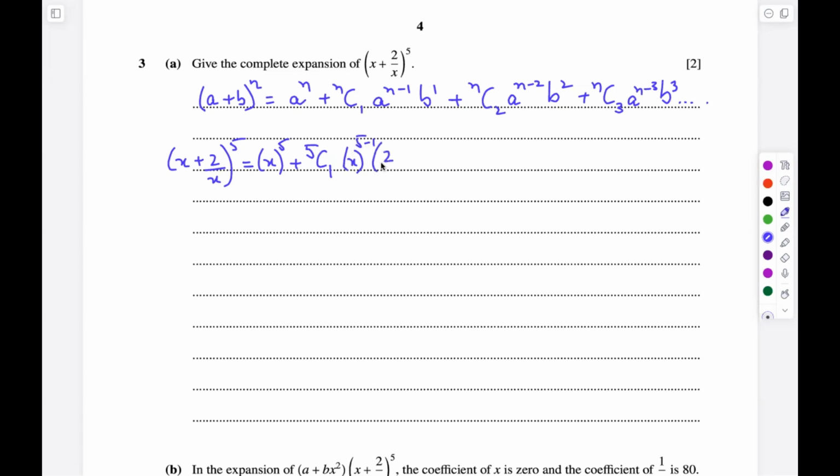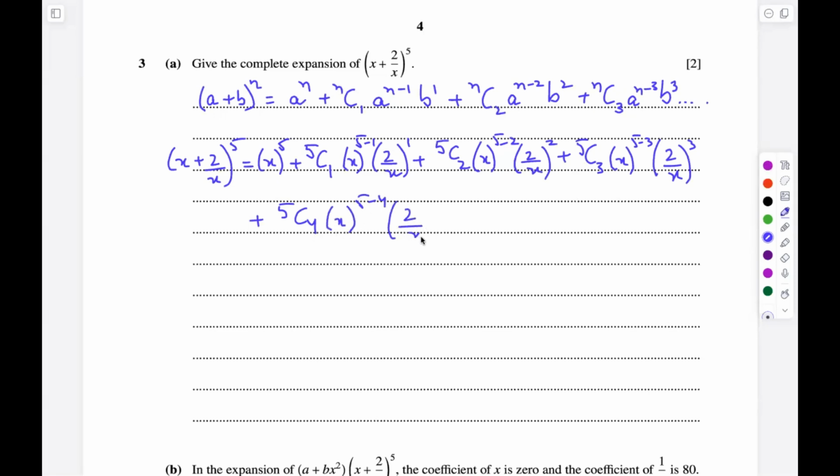B is 2/x, so this will be (2/x)^1, plus 5C2, x^(5-2), B is (2/x)^2, plus 5C3, x^(5-3) and (2/x)^3, plus 5C4, x^(5-4), (2/x)^4, plus 5C5, x^(5-5) and (2/x)^5.